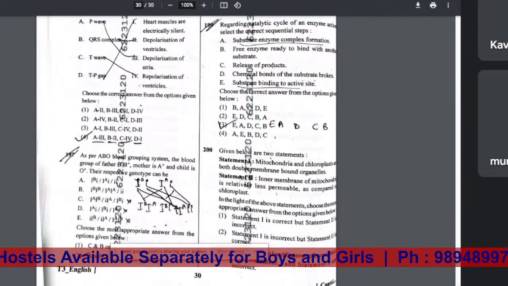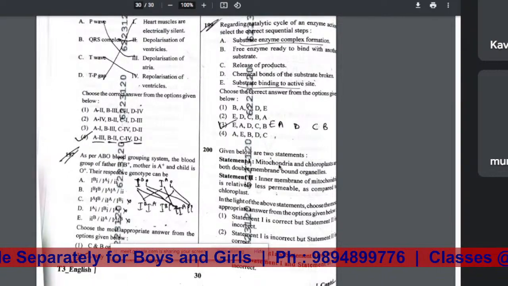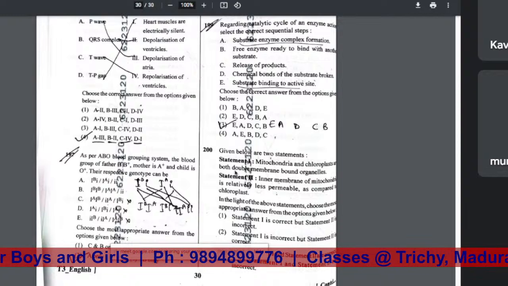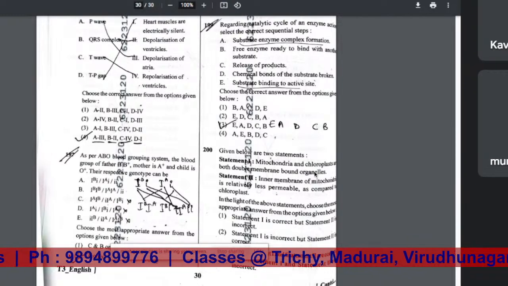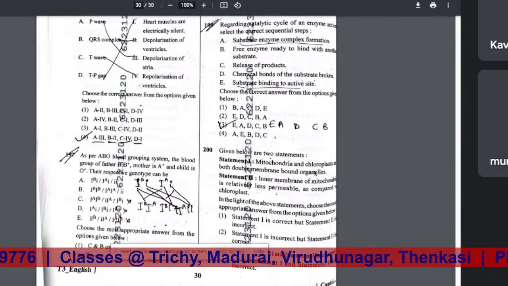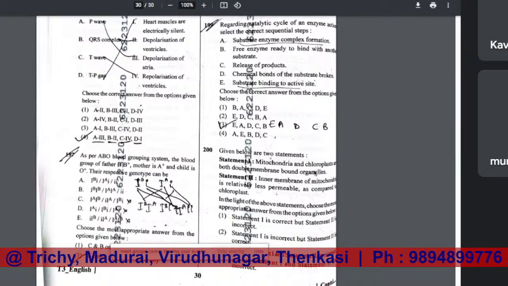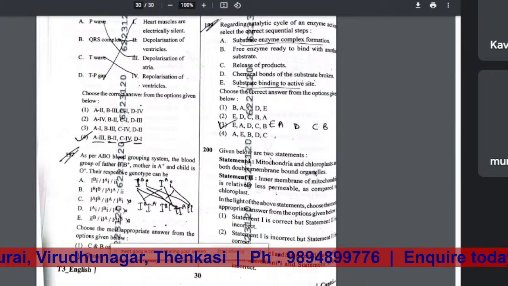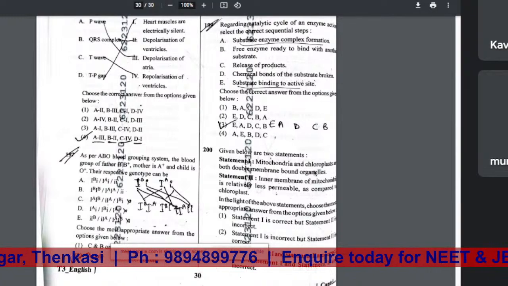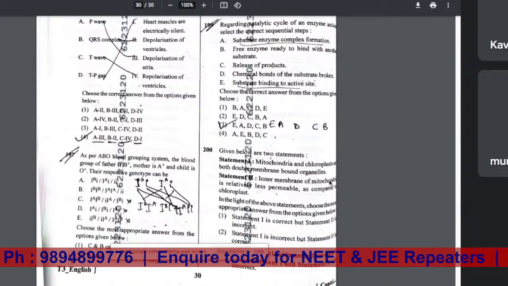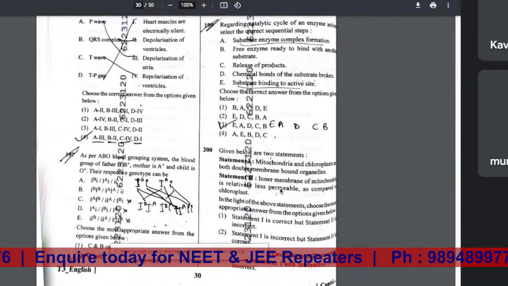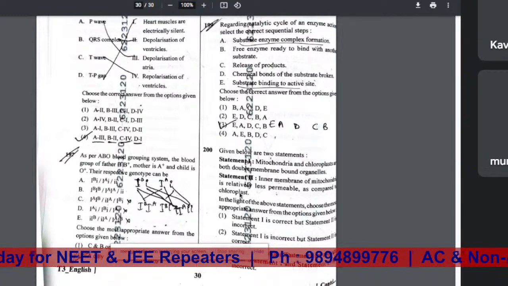So moving on to the 200th question. The first statement says that mitochondria and chloroplast are both double membrane bound organelles. The statement is correct. Mitochondria as well as chloroplast are both double membrane. Statement 2 says that the inner membrane of mitochondria is relatively less permeable as compared to chloroplast.